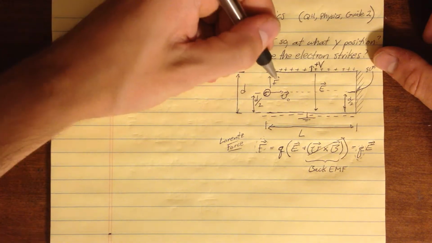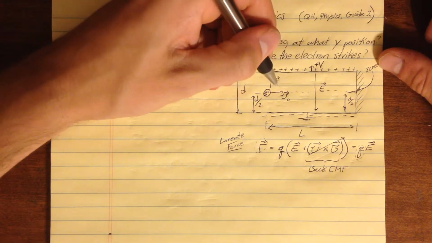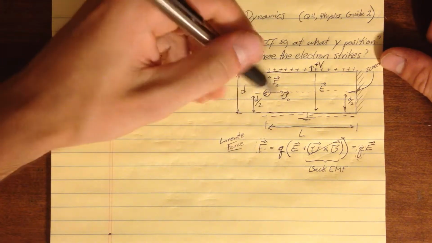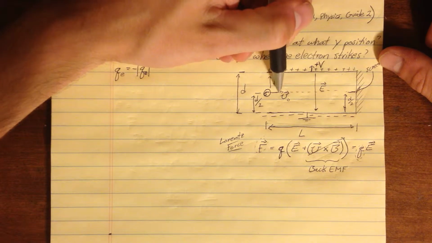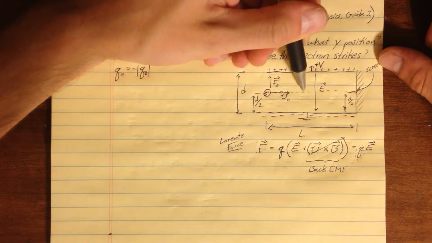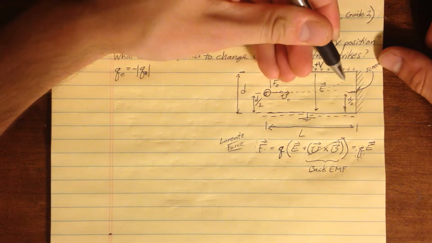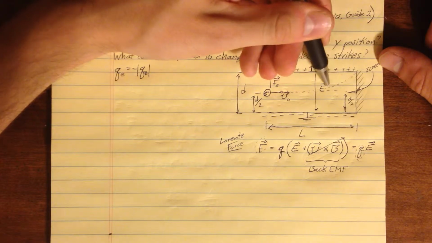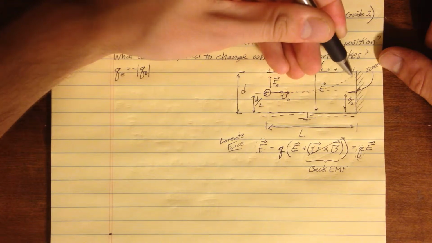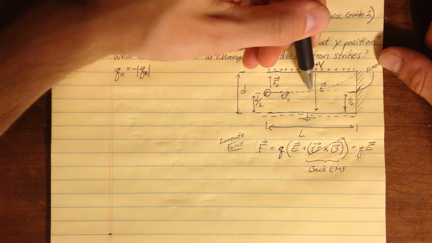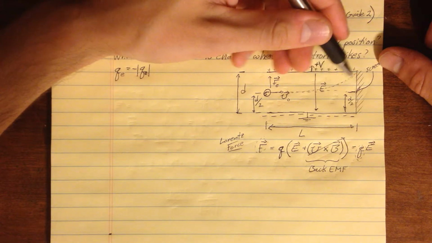Let's say that's the force on an electron, F sub E. And we know that the path is just like projectile motion. It's going to be distorted up in this direction, just like gravity distorts the path of a projectile. If you threw a baseball, it would be a parabola.